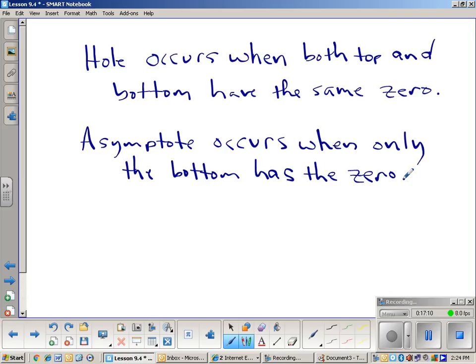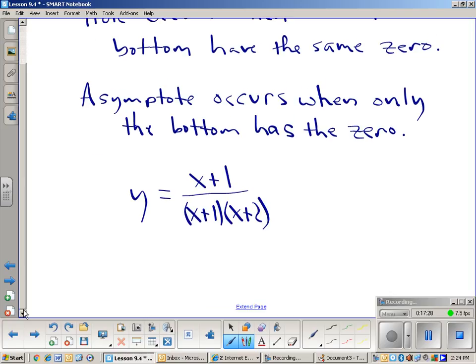Okay, so when you look at an equation like y equals x plus 1 over x plus 1 times x plus 2, what are you going to say? There's a hole where? At -1. And there's an asymptote where? At -2.